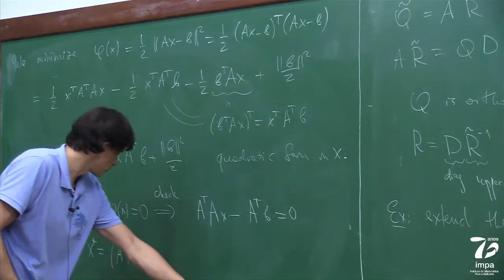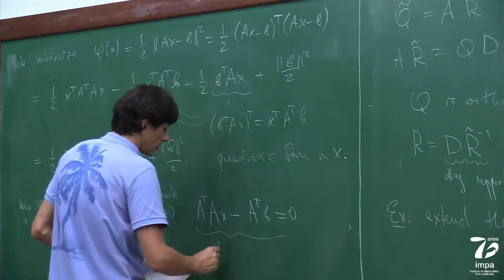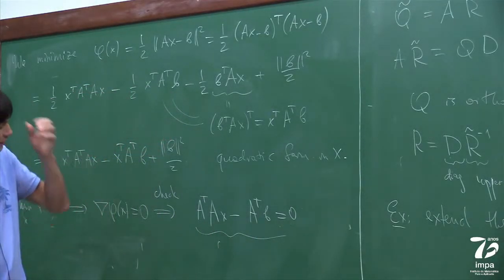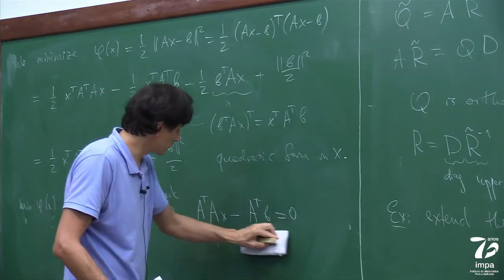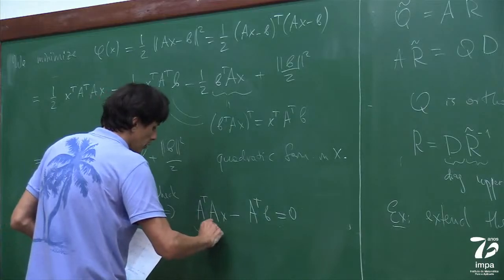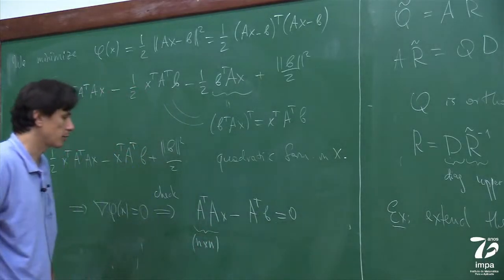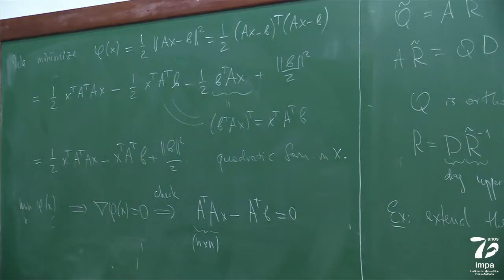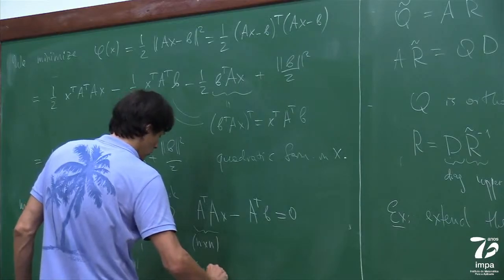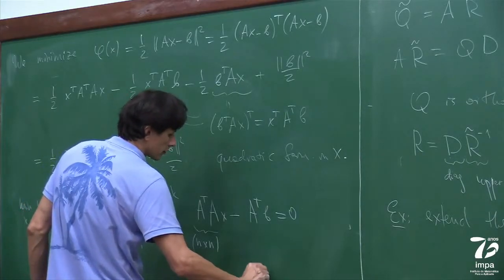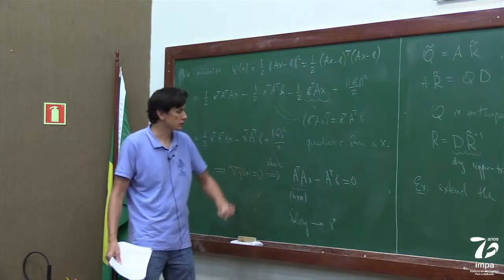Well, you don't need to invert. This system is already not overdetermined, because this matrix, remember A was M by N, so A^T A is N by N. So in principle, you can use methods to solve it and obtain X star. Analytically, you just multiply by the inverse and you get X star.